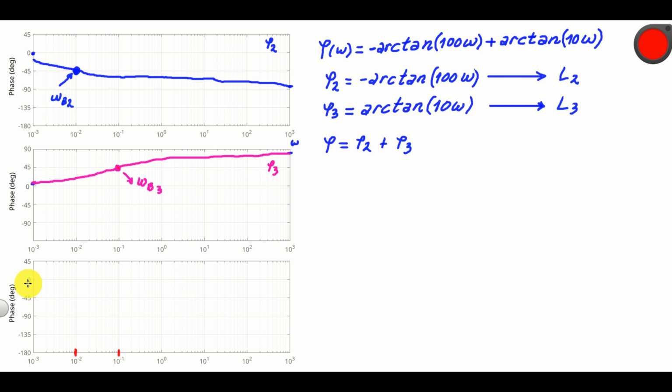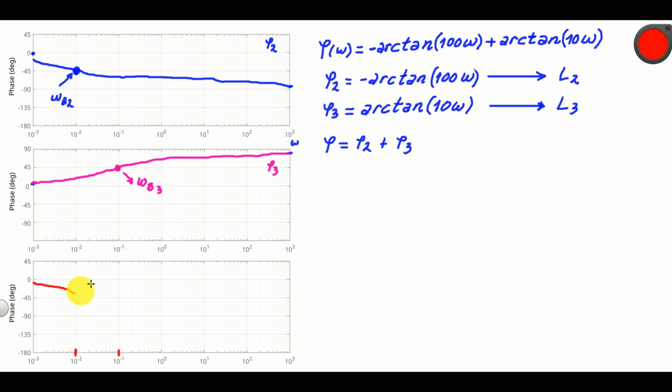Consequently, our graph will start from 0, and then it will go in the negative direction. That is, it will go down. And over here, we can see that in the negative range, that is, in the range of small values of omega, the decrease of function phi 2 is larger than the increase of function phi 3, and consequently we are going to go down like this, down, down.